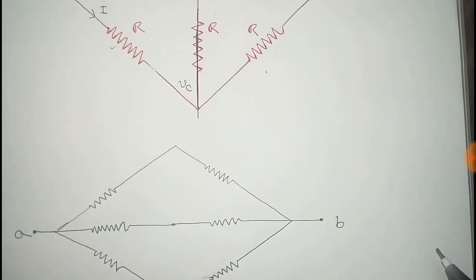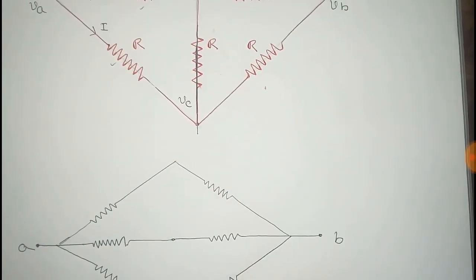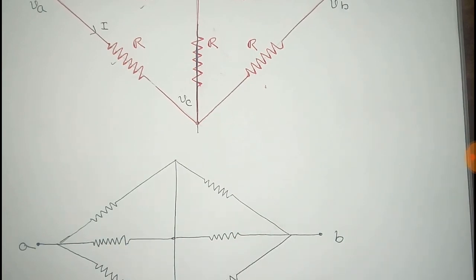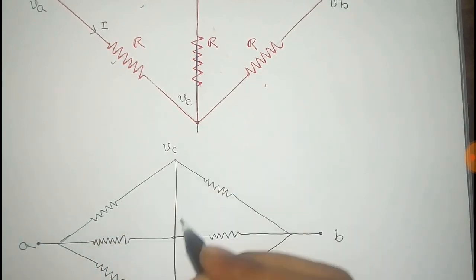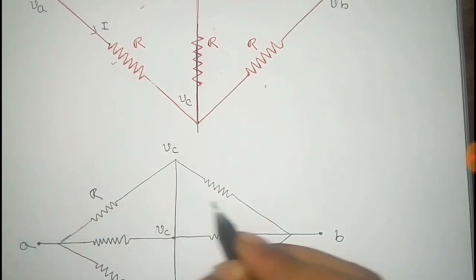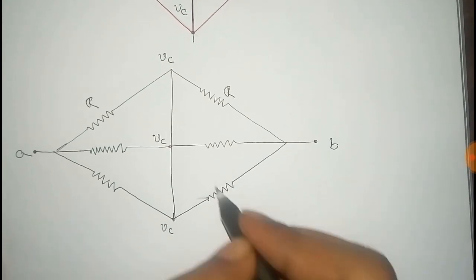And in that place the resistances are shorted, so we short this. Now you can see this circuit is simplified, and this is VC potential, VC potential, VC potential, and all these resistances have the same value R.